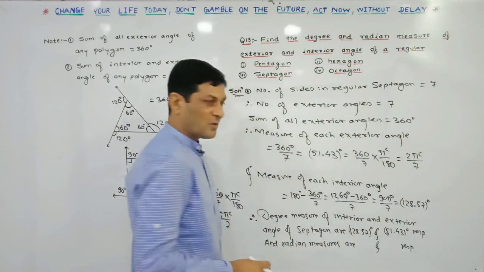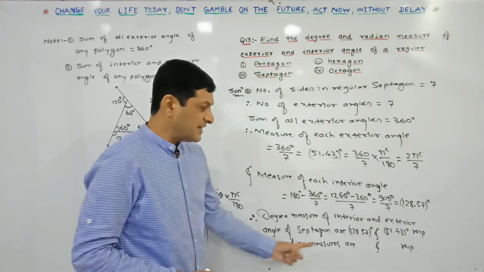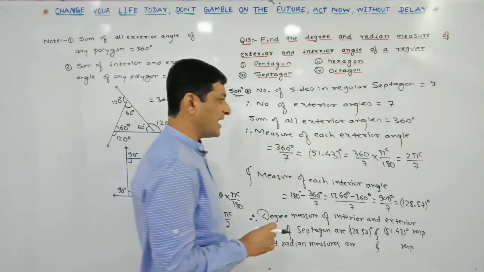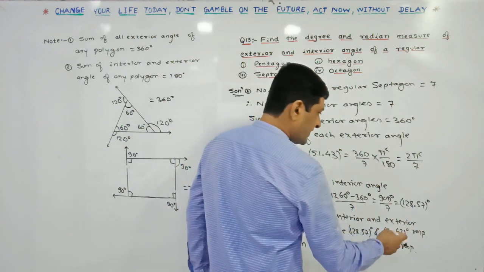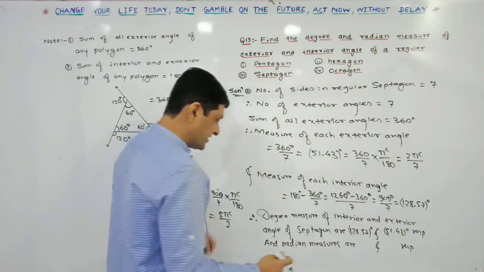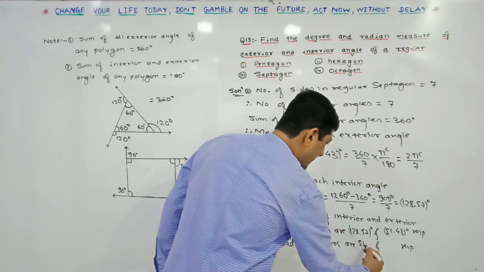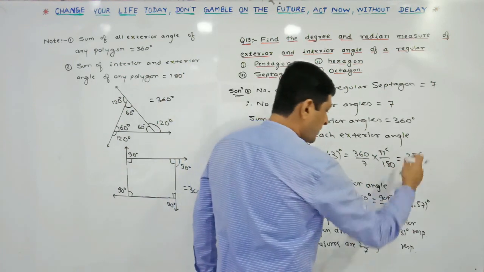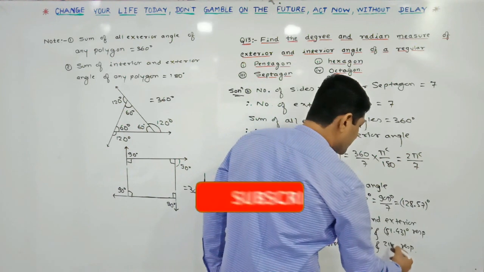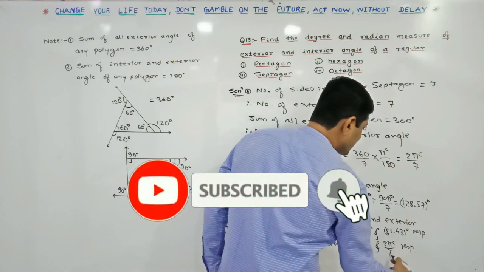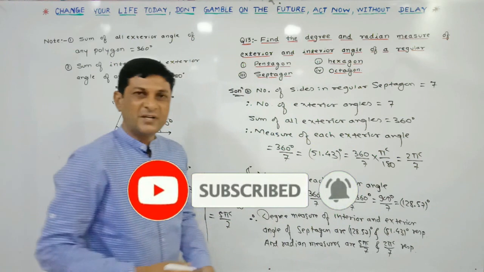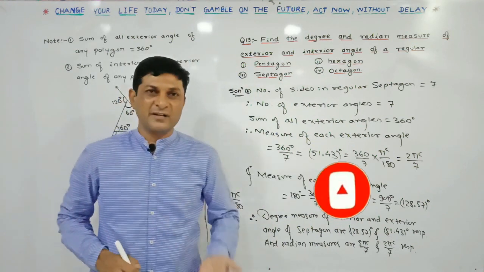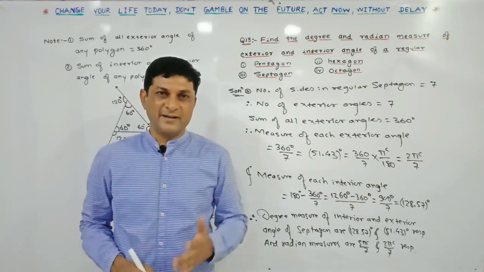In this way we have got the degree measure. Now we are finding the radian measure. The radian measure of the interior angle, as we have just seen, is 5 pi radian upon 7, and for the exterior angle the radian measure is 2 pi radian upon 7. So in this way we have got the interior as well as exterior angle in degrees and also in radians.